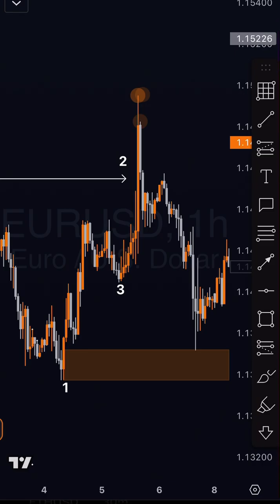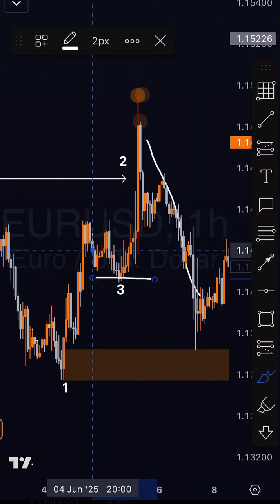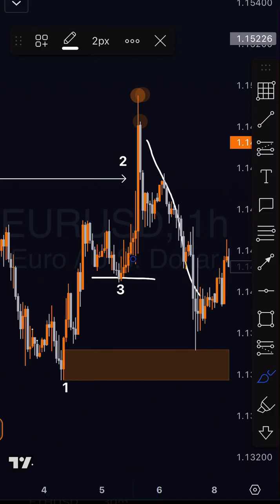Is it? Yes. And how do you know that it's confirmed? Because price came back and took out the what? The inducement, guys. That's what made this high confirmed over there. So that's step 4.